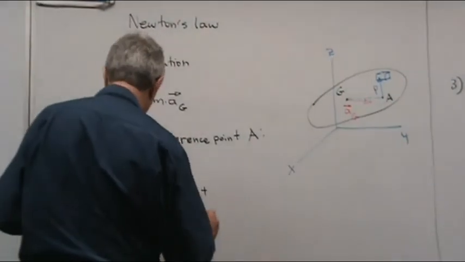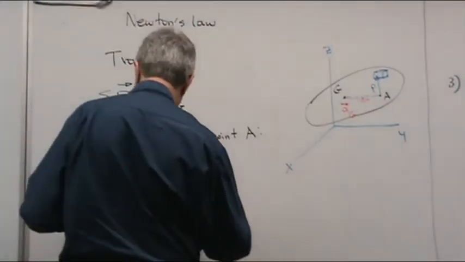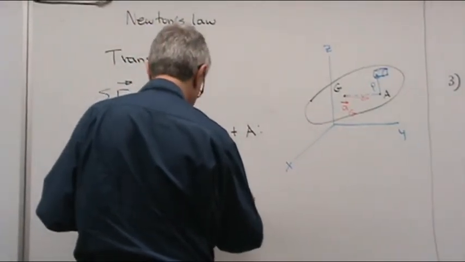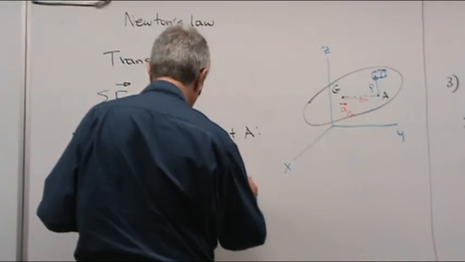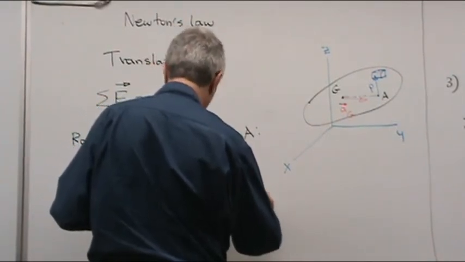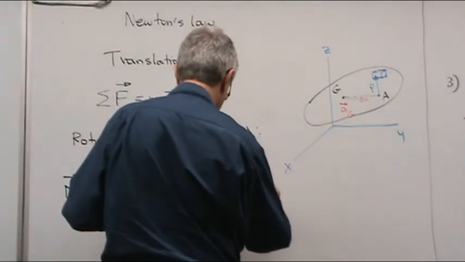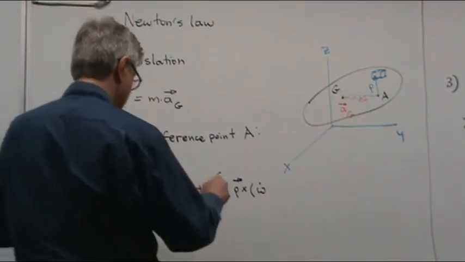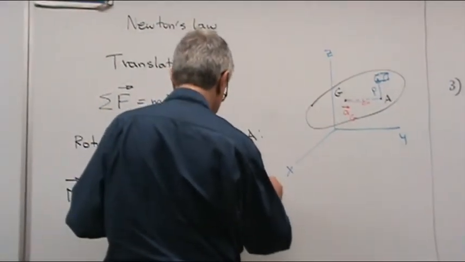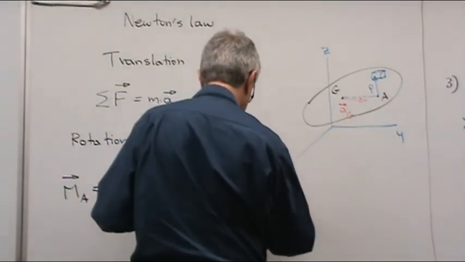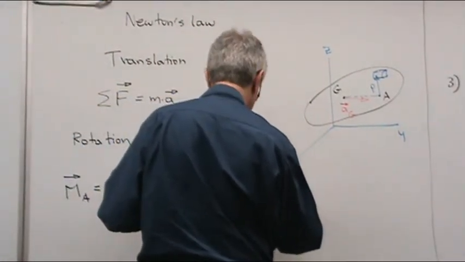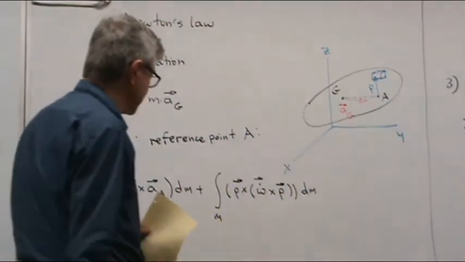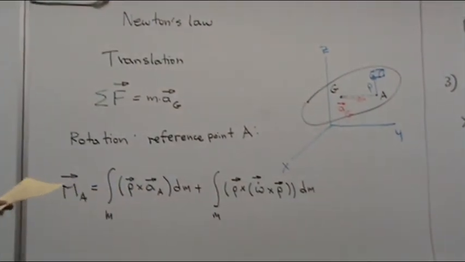There is a second term, which is the integral of rho cross product of the time derivative of the angular velocity, cross product rho, dm. That's the second term, okay?